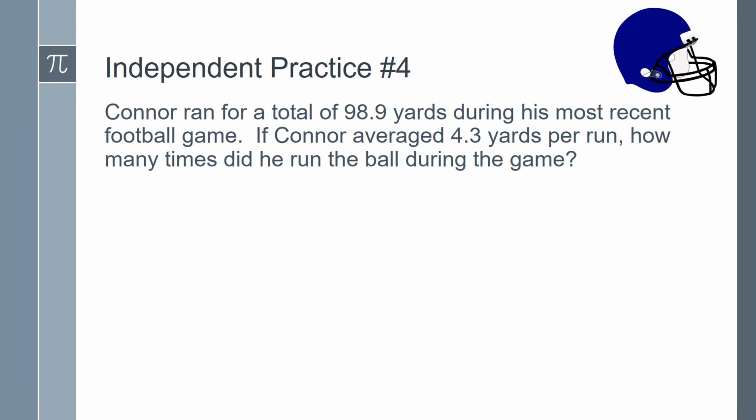Independent practice number 4. Connor ran for a total of 98.9 yards during his most recent football game. If Connor averaged 4.3 yards per run, how many times did he run the ball during the game? Now is a good time to pause this video and work on this problem if you have not done so already.